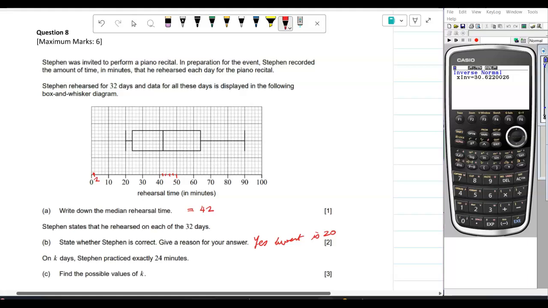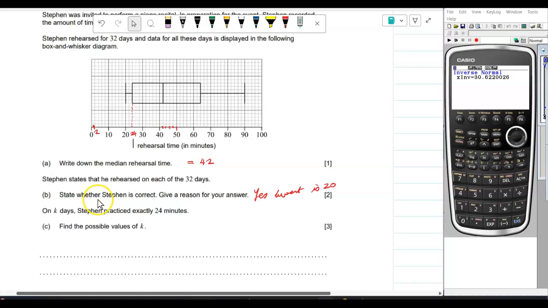Brilliant. On k days, Stephen practiced exactly 24 minutes. Find a possible value of k. This is Q1, so Q1 is 24 minutes. That means 25% of the data lies below Q1.